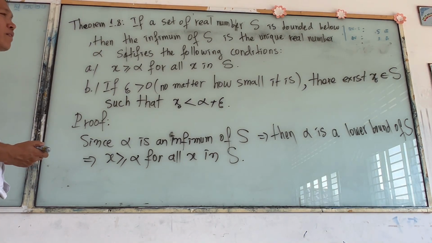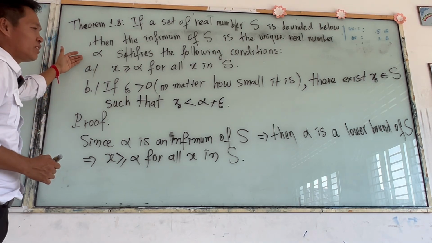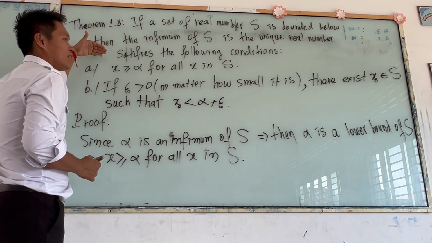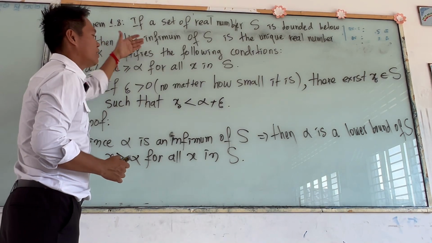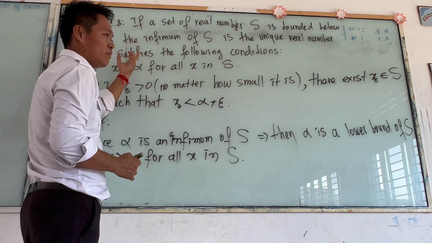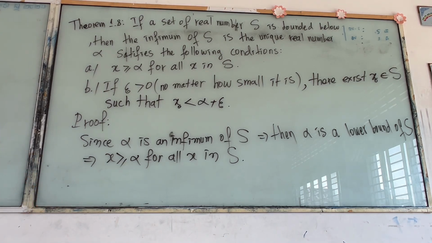For the proof of this theorem, first I show that alpha satisfies condition A and condition B. And then I show that alpha is the unique one. There are no two alphas, only one. You understand? The process of my proof is like this.